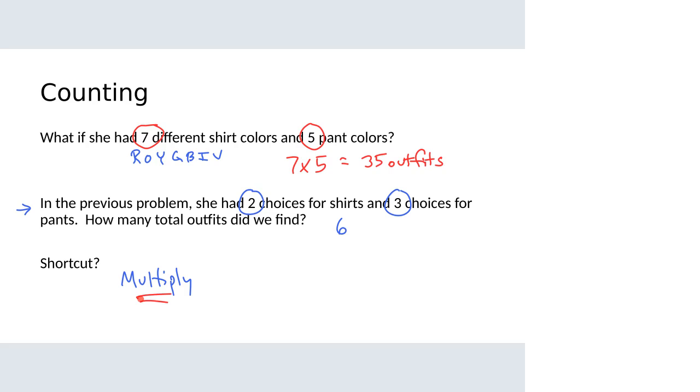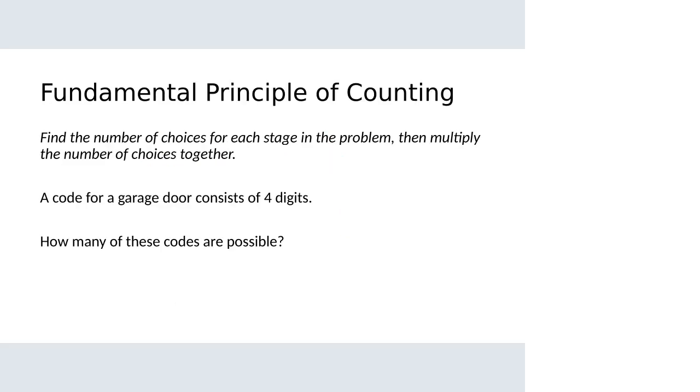This brings us to a really important mathematical idea called the fundamental principle of counting. If we want to know the total number of outcomes, we find the number of choices for each stage in the problem. For Mary, that was shirts and pants.